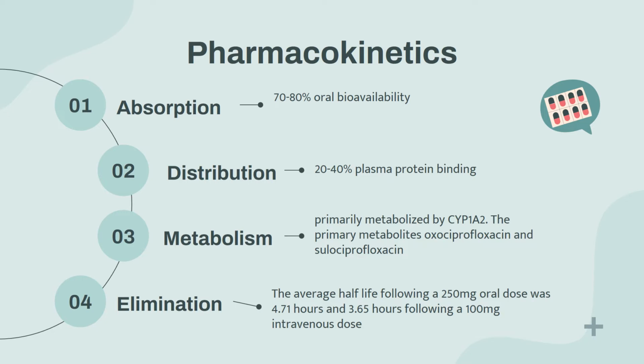Ciprofloxacin is primarily metabolized by CYP1A2 in the liver, and the primary metabolites are oxociprofloxacin and sulociprofloxacin. Last, ciprofloxacin has an average half-life of 4.7 hours for a 250 mg oral dose and 3.65 hours for a 100 mg IV dose.